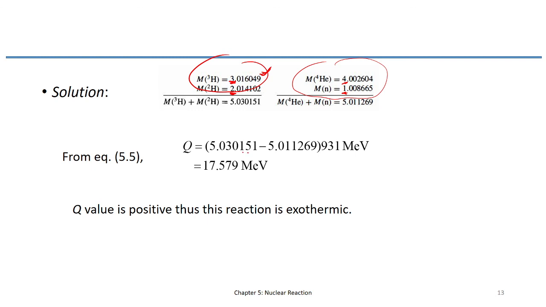So this is the mass before the reaction and this is the mass after the reaction, and you multiply the difference by 931.